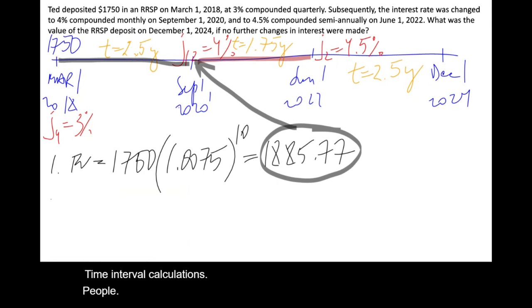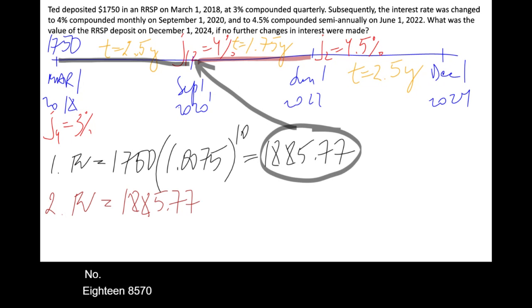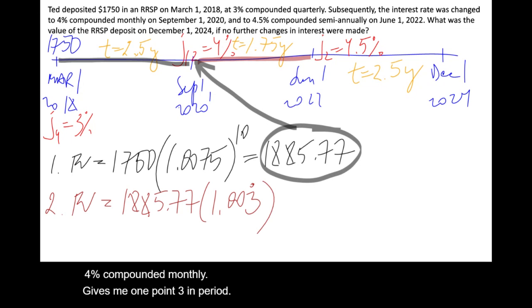So second, future value. Now 1885.77 turns to present value. Now 4% compounded monthly gives me 1.003 in period, right?